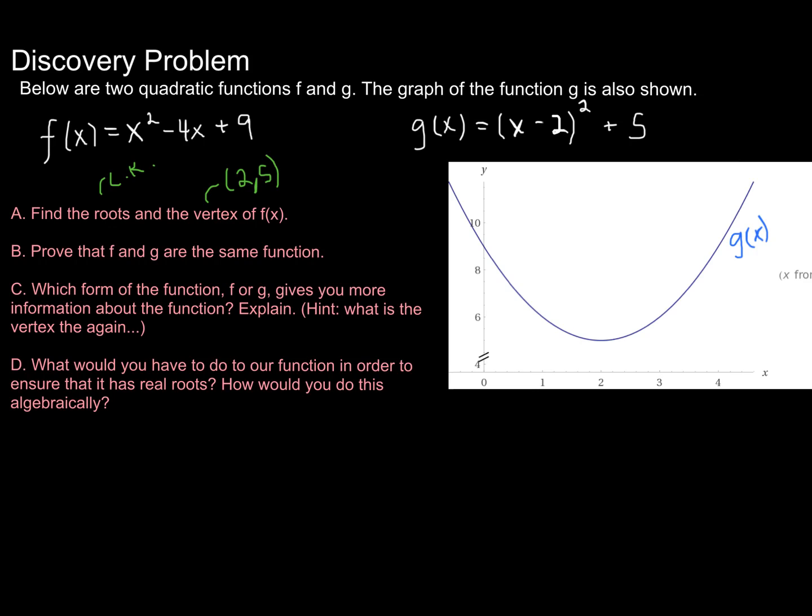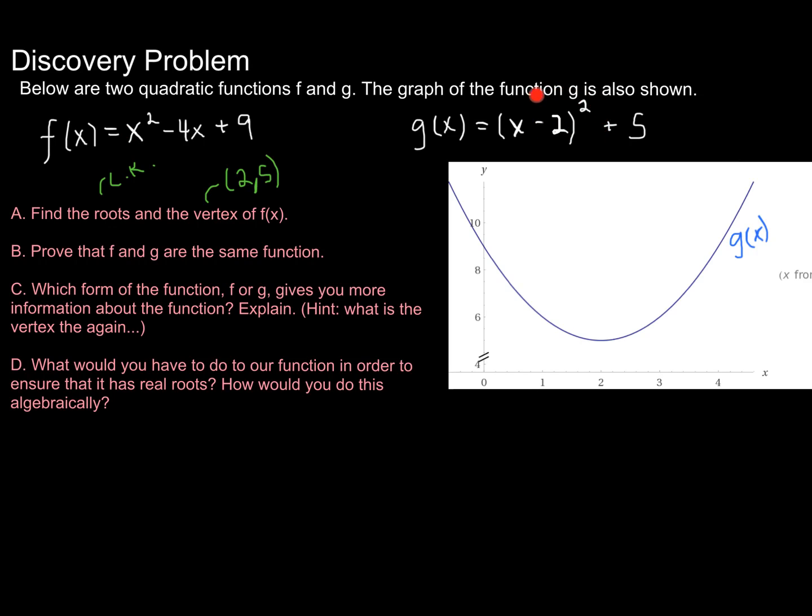Okay? Prove that f and g are the same function. So there's a couple ways that you could do this. To show that two things are the same, you need to show that they are completely identical. Well, you could try and take f of x and make it look just like g of x, or you could try and take g of x and make it look just like f of x.